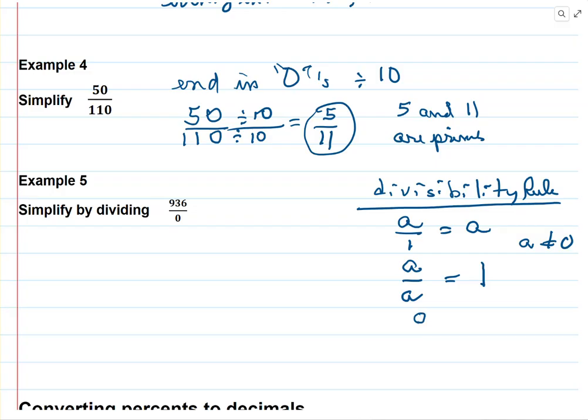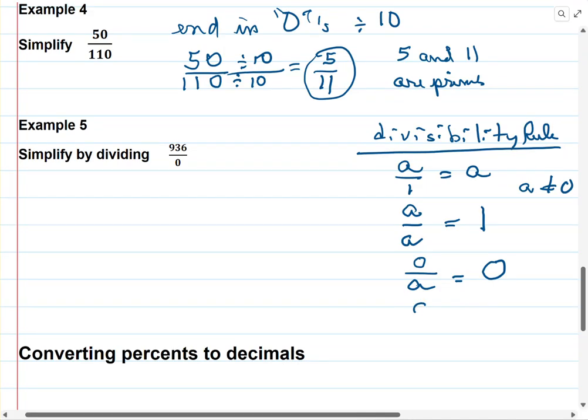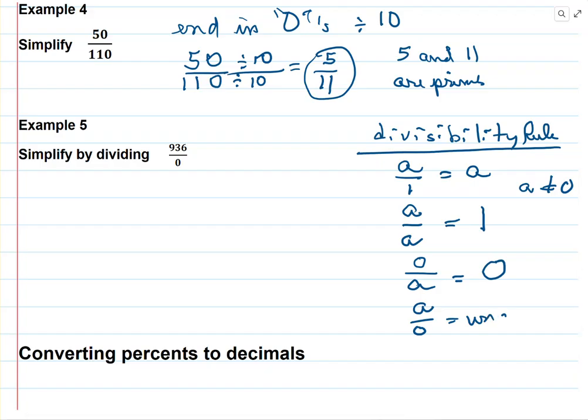Then I have this one, 0 divided by any number is 0. You can divide into 0, but you cannot divide by 0. So any number divided by 0 is undefined. Right here, we're dividing by 0, so it does not exist.